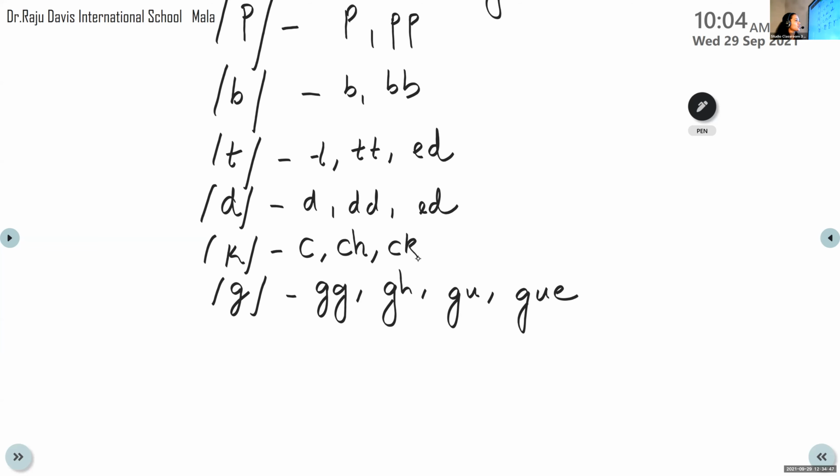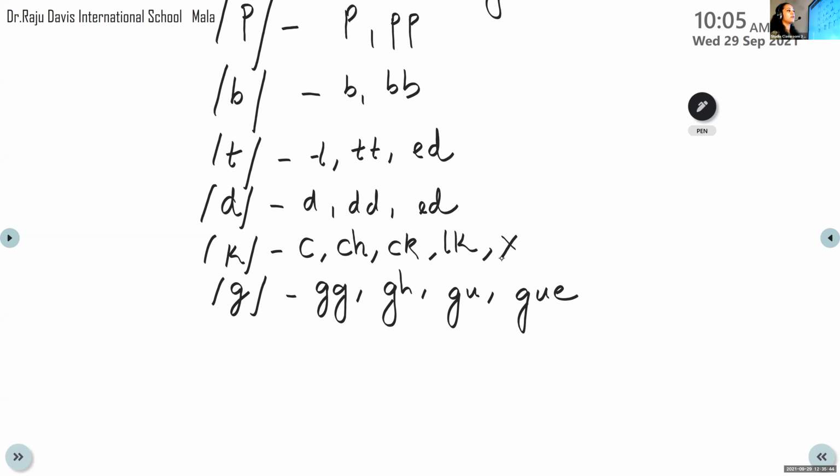So CH, CK, then LK, like in talk, walk. Then X, like in fox, you get the K sound there.